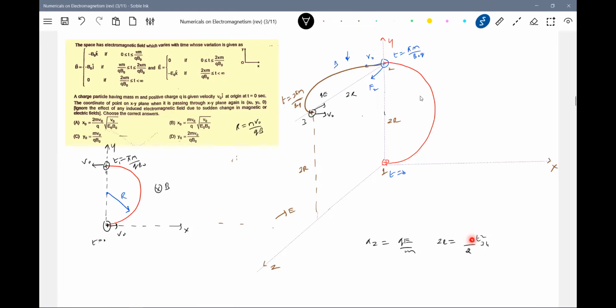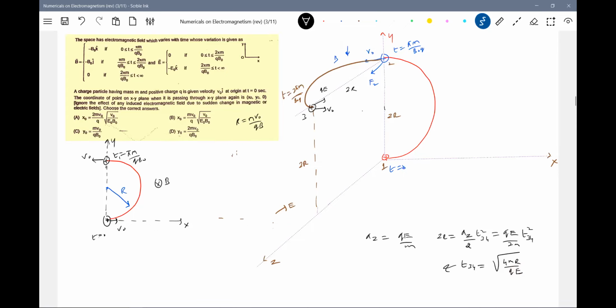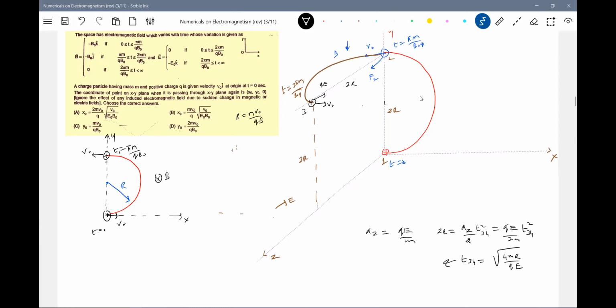So AZ is QE by M, and T34 should be equal to square root of 4mr by QE. This is the time taken for the charged particle to touch the XY plane.